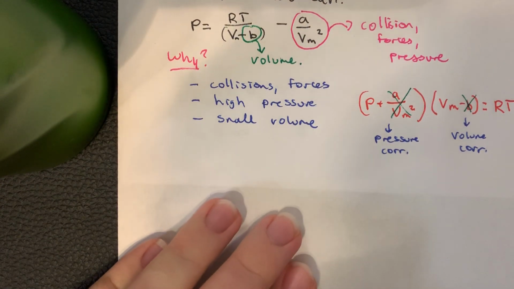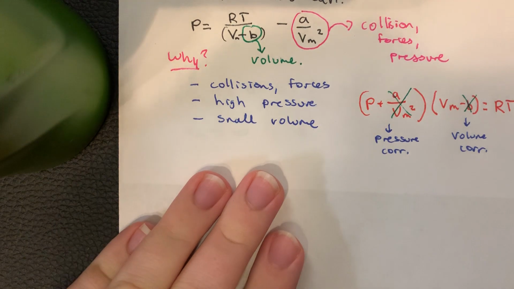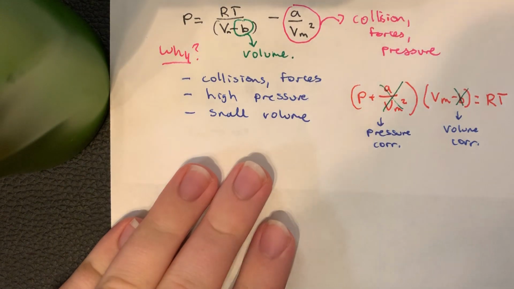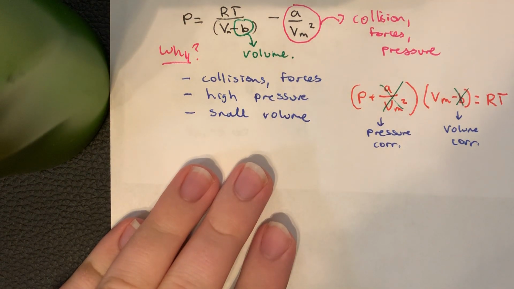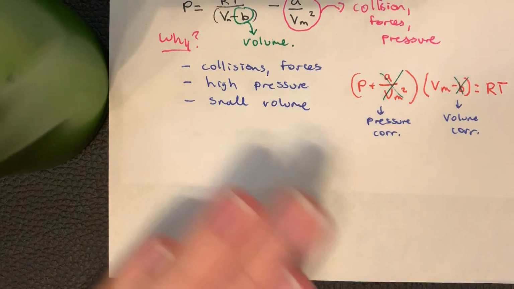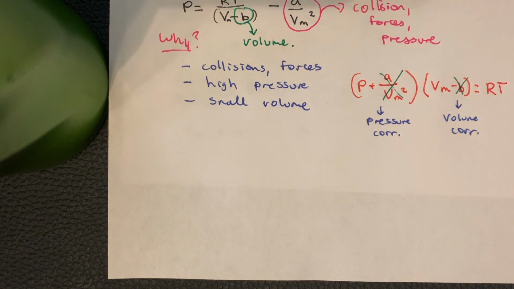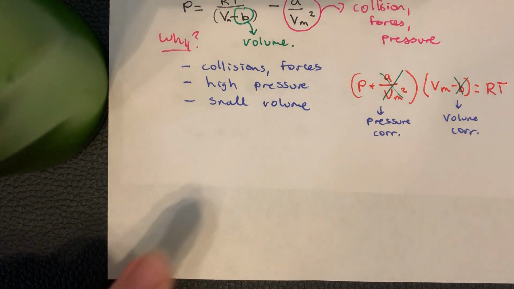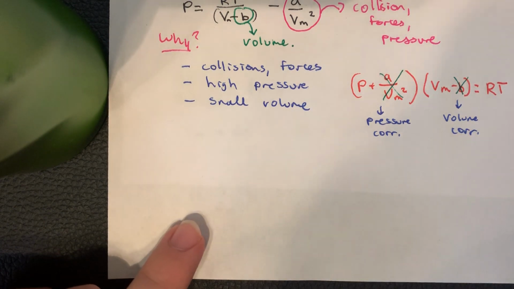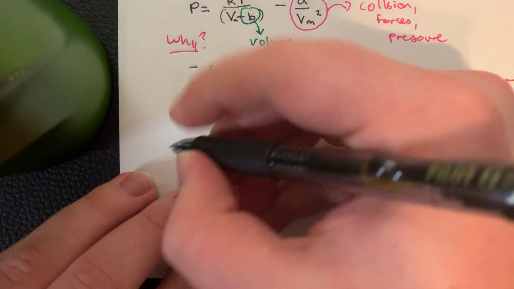So we're going to talk about one last thing then. For fun, I'm not going to do it in this video, but usually the first and second derivatives are used in some calculations.